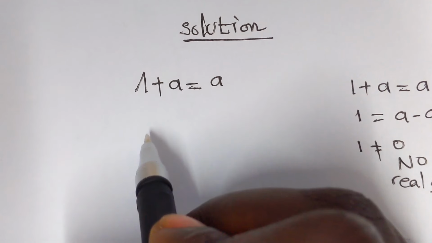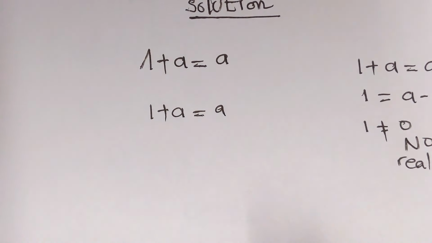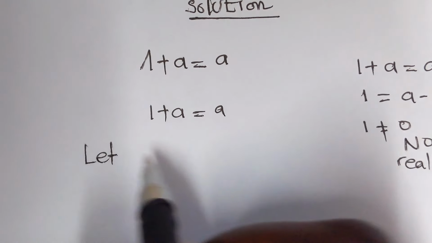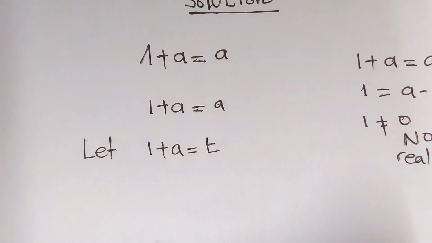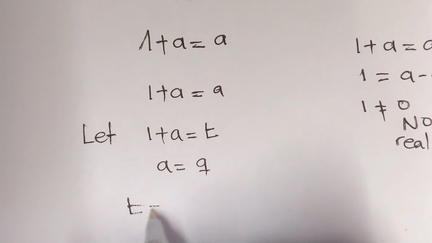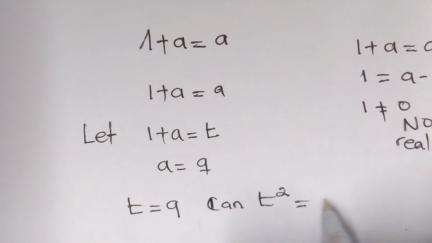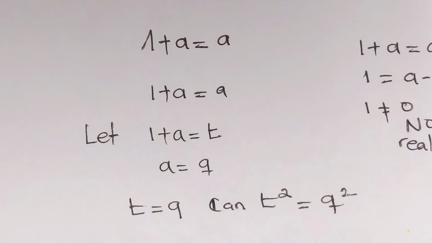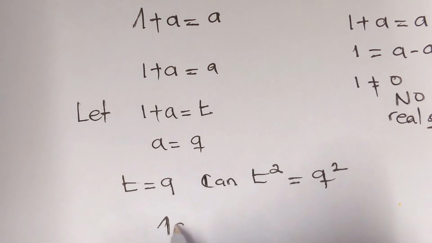We can simply write this one as 1 plus a equals to a. And here we can write 1 plus a to be t, and a only to be q. And of course, when we say a equals to q, this can be t squared equals to q squared.